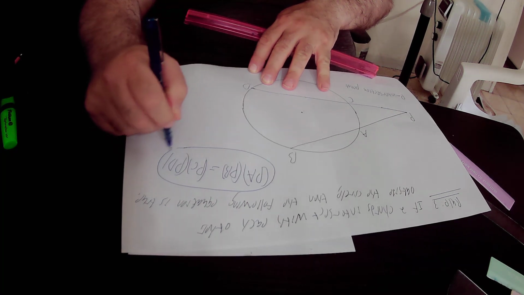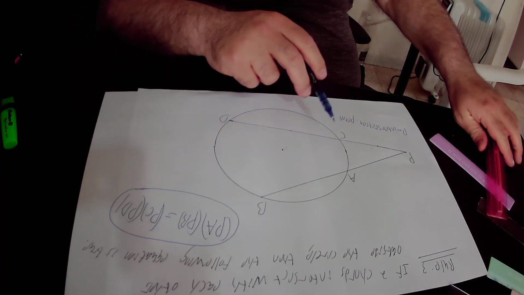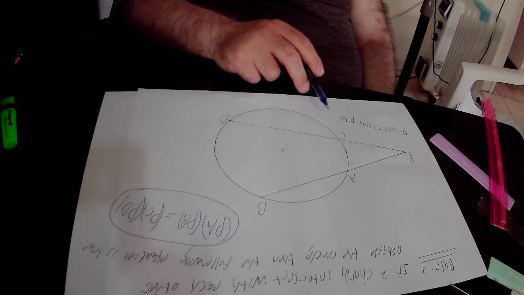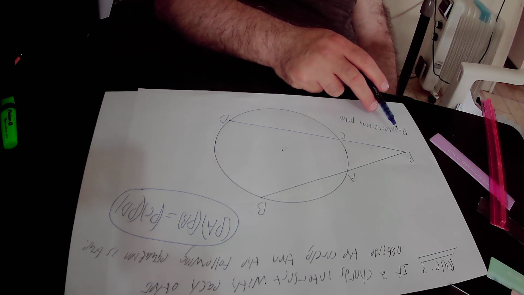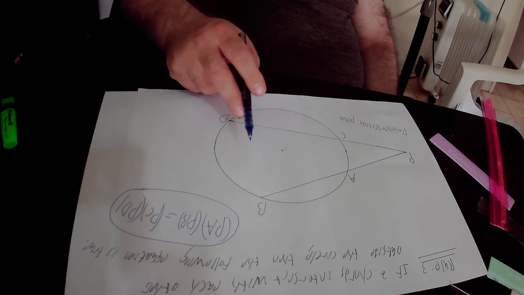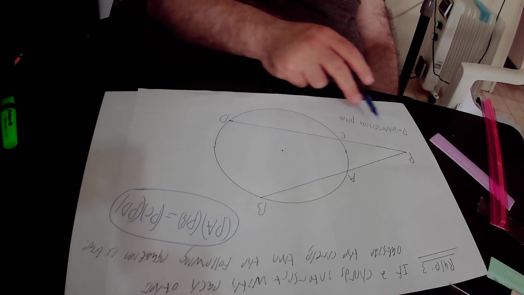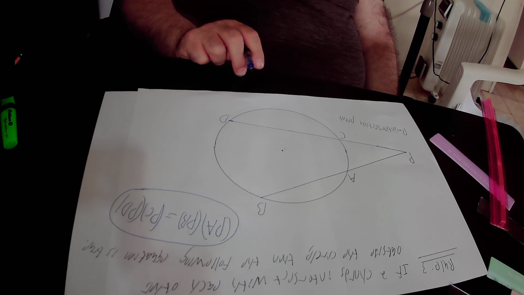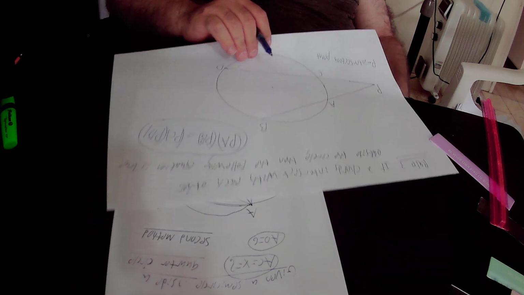I repeat again, we know that chord AB intersects with chord CD at point P, the intersection point is happening outside the circle. In this case, according to rule number 3, PA times PB equals PC times PD. Okay? So we can implement rule number 3 in our drawing.